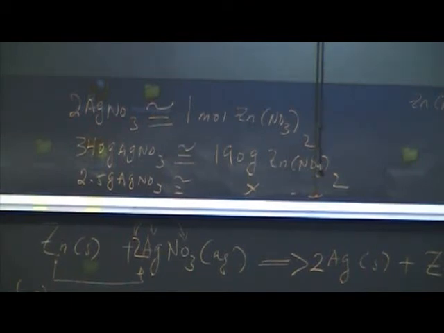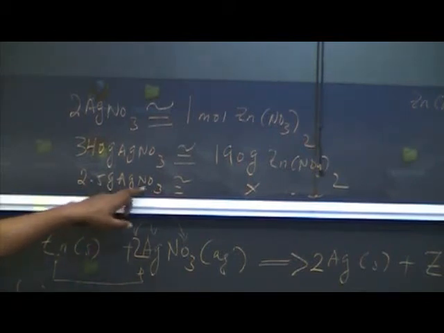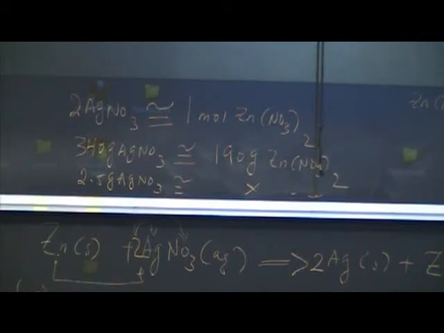I pick silver nitrate for one purpose, because silver nitrate is the limiting reactant. So how much zinc nitrate is produced depends on 2.5 grams of silver nitrate. So I do crisscross, which is X equals 2.5 times 190 over 340.